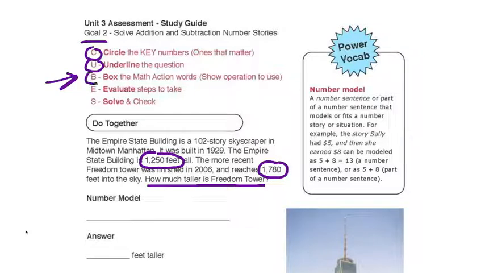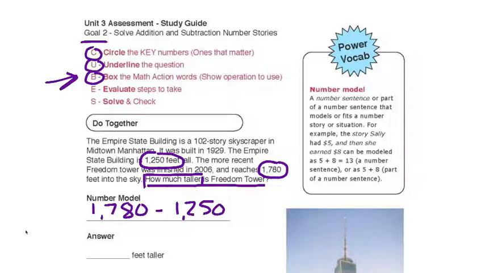Now the math action words, this one's a little tricky. I'm going to box how much taller. That tells me they're looking for the difference or subtraction. So the steps I'm going to take is subtract the taller one, 1,780, minus the shorter, 1,250. And I believe that will give me the answer.